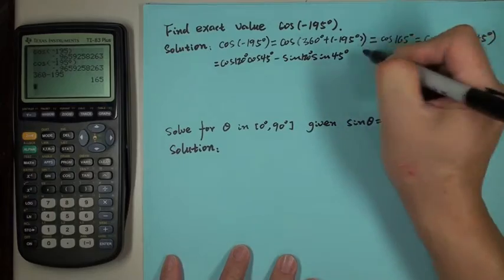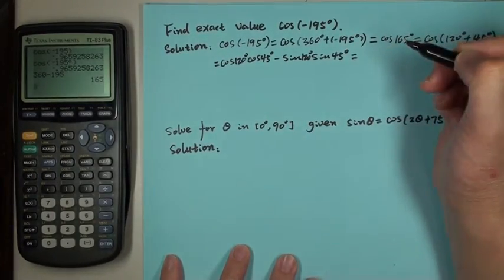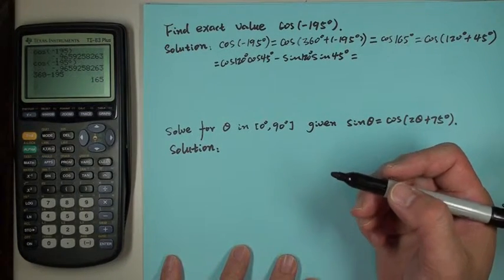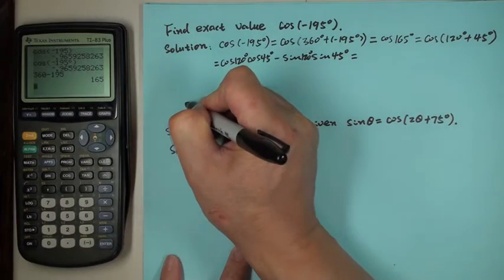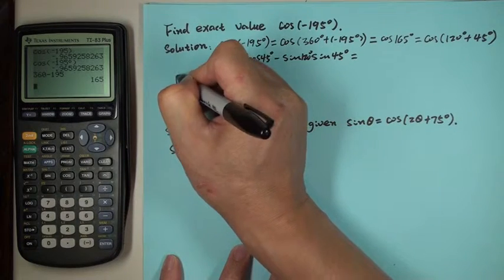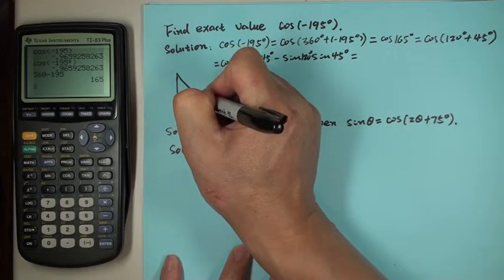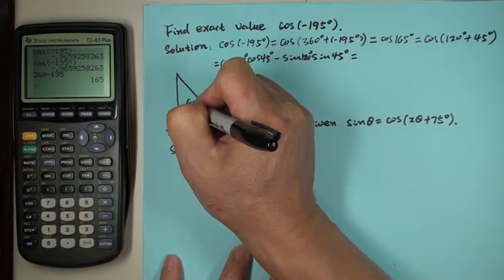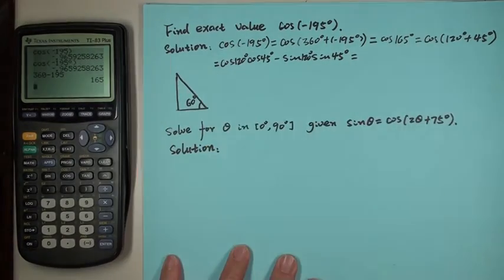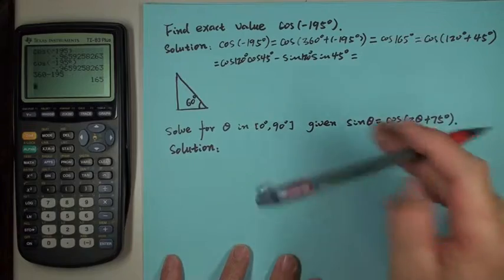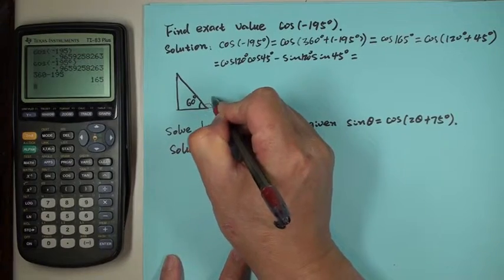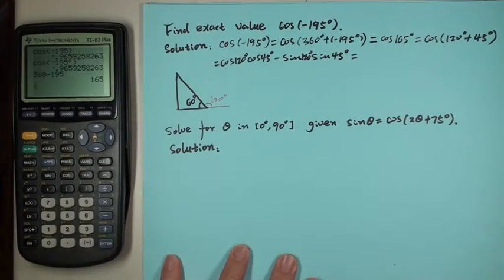Now, 120 degrees is which value? This one is the one you want to remember. Let's say we have a triangle here. Here is 60 degrees, here 60 degrees, then you know the supplement here will be 120 degrees.